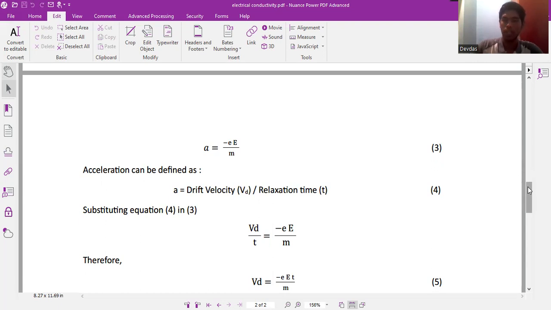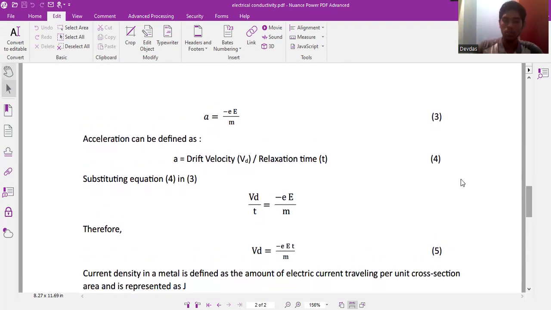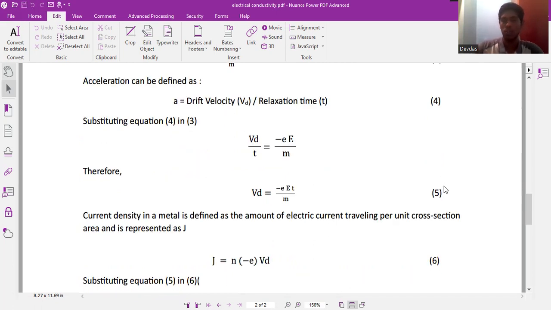Equating this, we get drift velocity Vd equal to minus e E t by m. We still haven't derived the expression for electrical conductivity, so from this equation, we need to derive it.